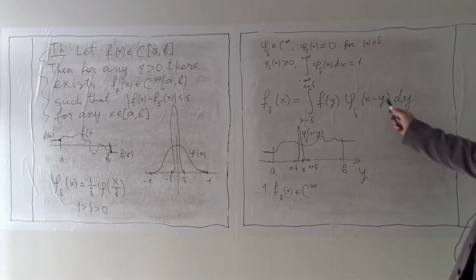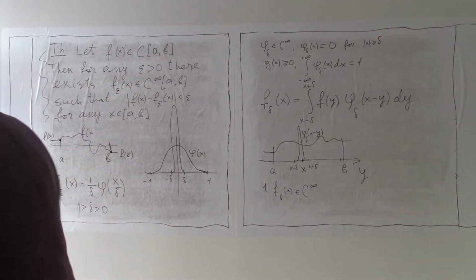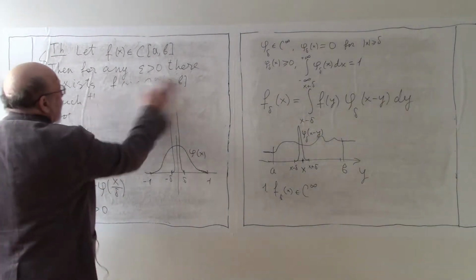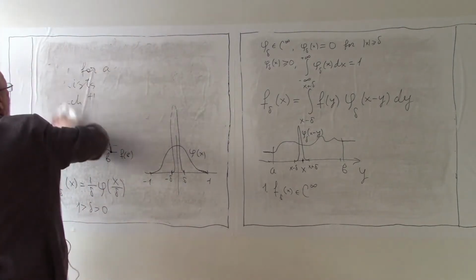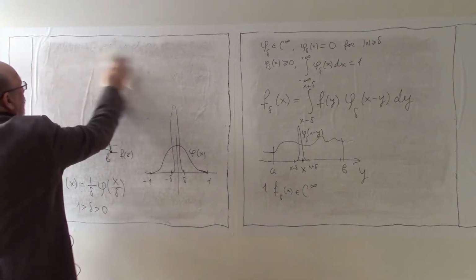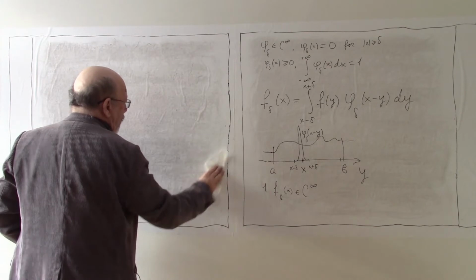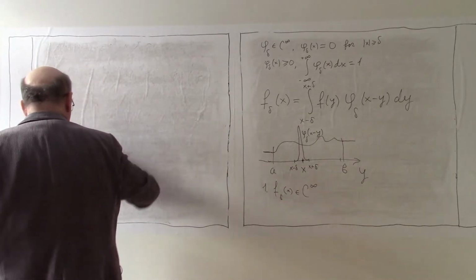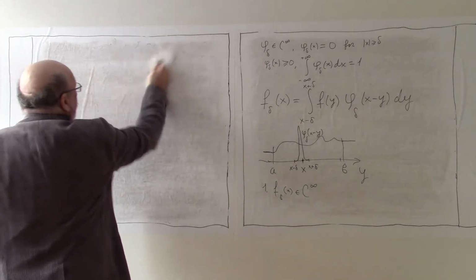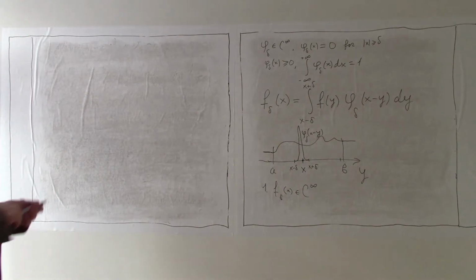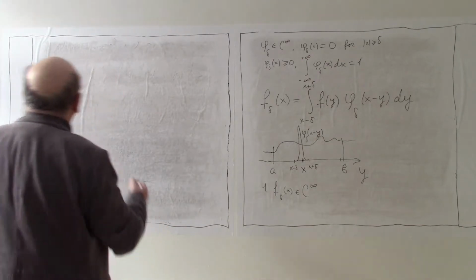Now, how can we see it from this definition? First, we have to prove that this function is continuous as a function of x.